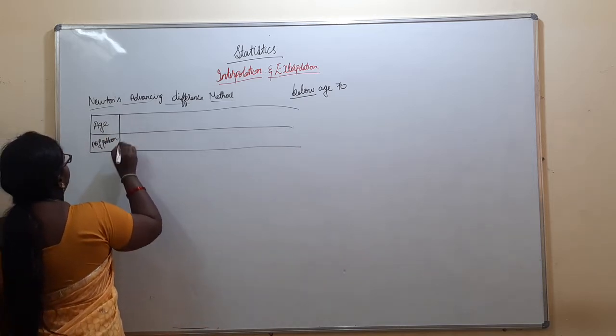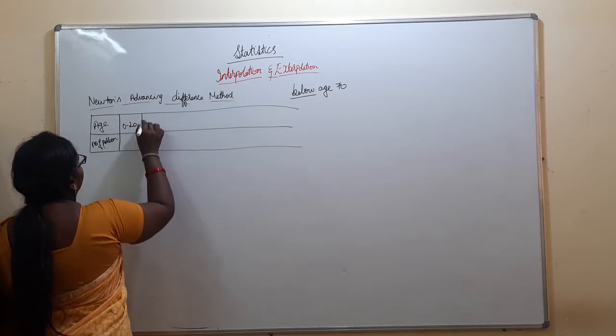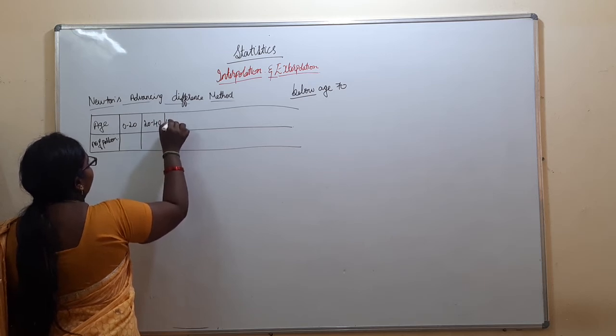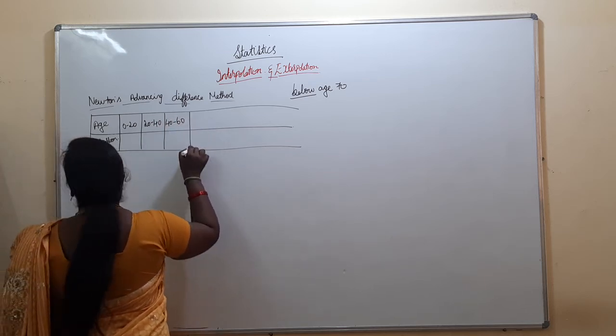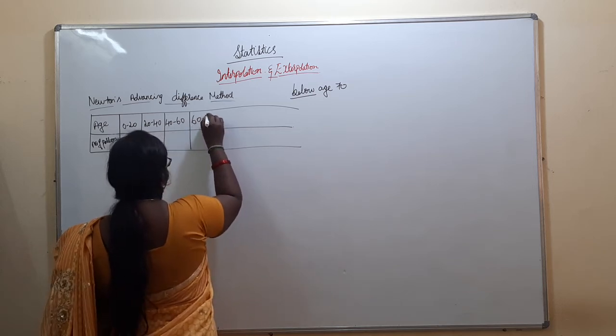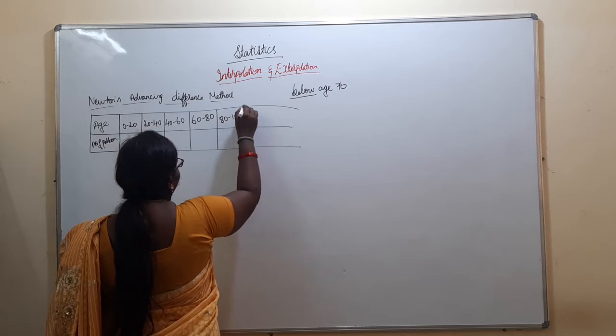So age starts from 0 to 20, 20 to 40, 40 to 60, 60 to 80, and 80 to 100.